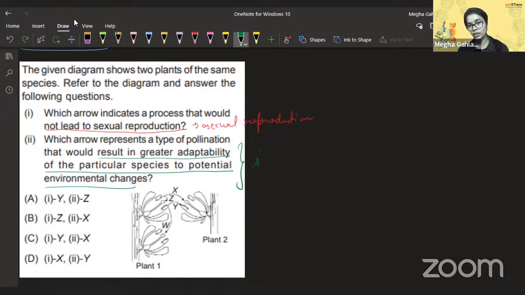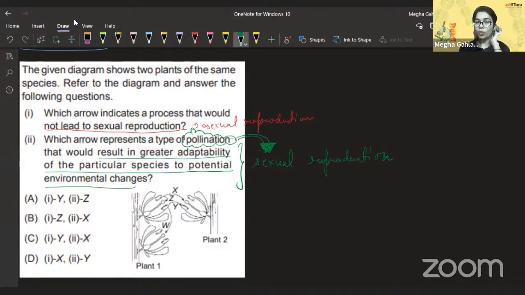That means this is talking about sexual reproduction, right? Because pollination happens only in sexual reproduction.